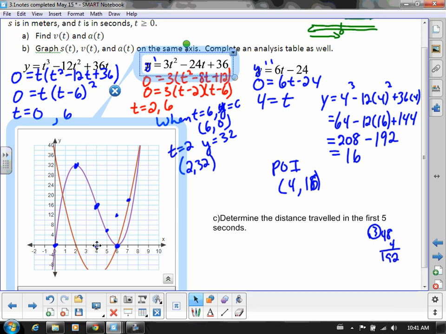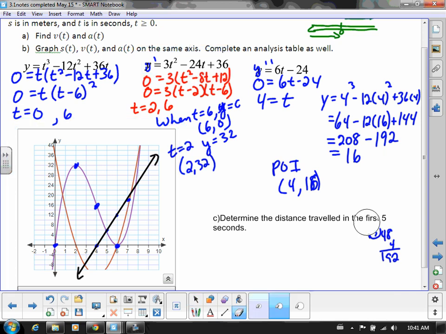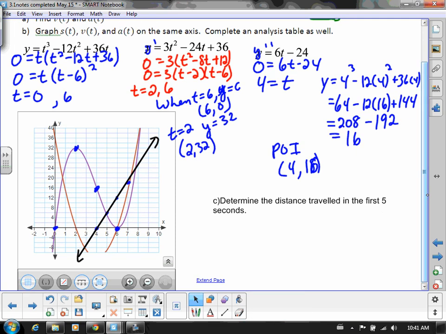So then I can draw this line. All right. So we have all of our derivatives. Now, the next question. Determine the distance traveled in the first 5 seconds.